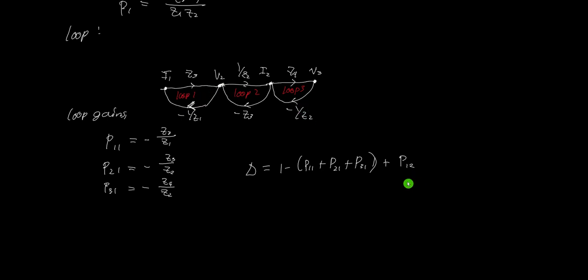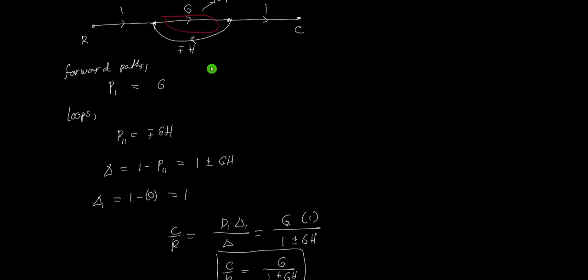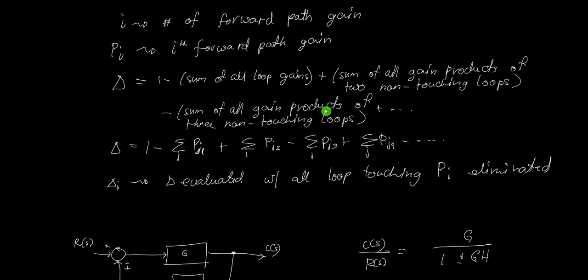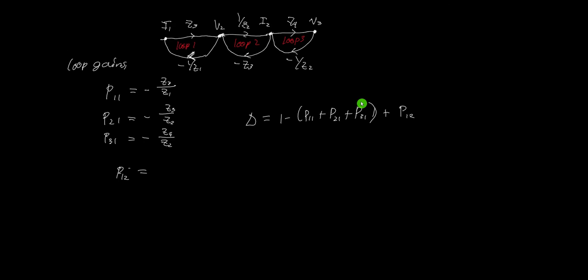So what will be P12? It is the sum of all the gain products of 2 non-touching loops. What are their gains? Loop 1 and loop 3. The gain of loop 1 is P11, and the gain of loop 3 is P31.